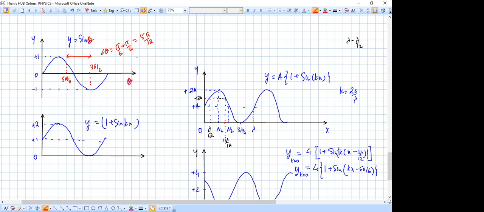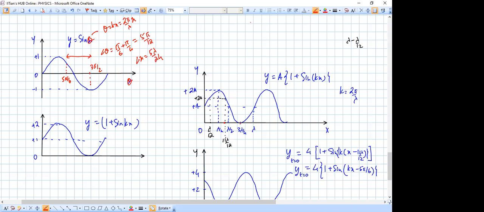So your delta x between these two terms, in terms of lambda, is going to become 5 lambda by 24.